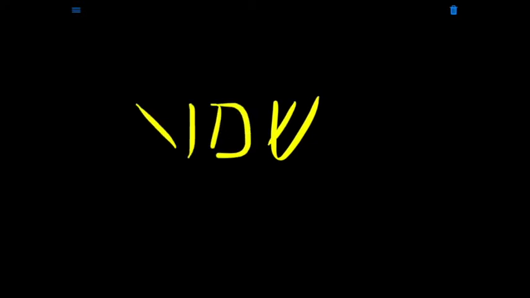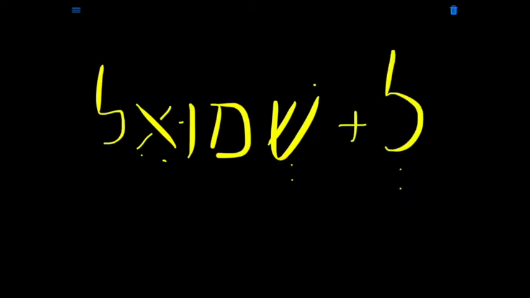So when you see a shewa under a letter with a dagesh forte in it, assume it works in the same way. Another rule about the simple shewa is if you have two of them together at the beginning of a word, they combine and become a chirek. So here's an example for you. The name Samuel, which is pronounced Shmuel, and that is a vocal shewa. And if you want to pop this preposition on the front, le, you end up with these two shewas coming together at the beginning of the word.